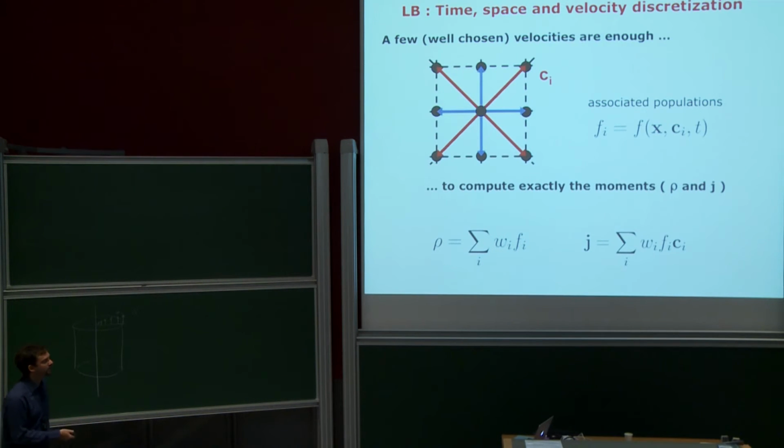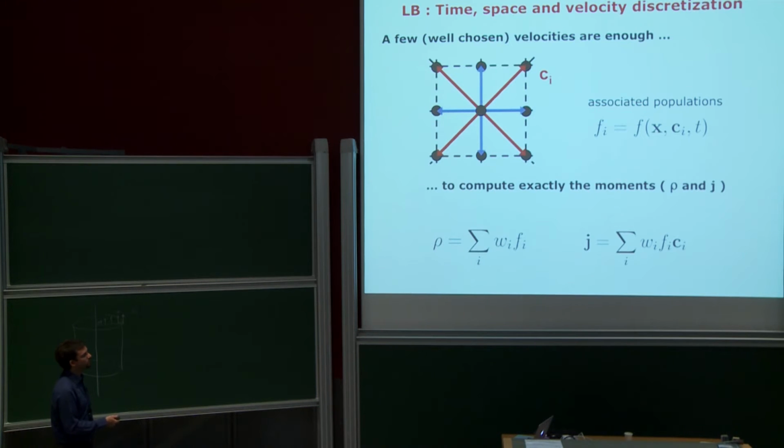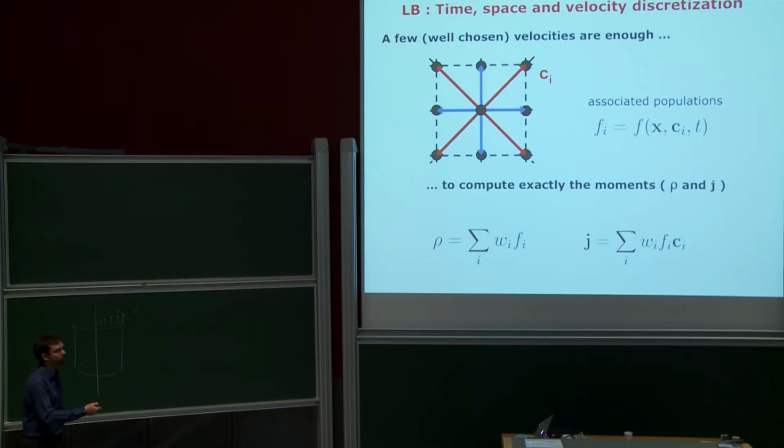And I'll come back to the definition of these weights in a second. But by combining these populations by the appropriate weights, you can reconstruct the zeroth order moment of the distribution, which is the density, and the first order moment in velocity space. So the sum over all velocities of weights times populations times the velocities gives you the mass flux, and you can construct the stress tensor using the second moment in velocity space, and so on.